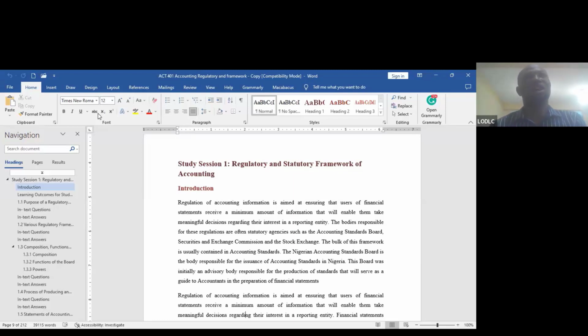Then users should be interested in profit or loss or other comprehensive income, so as to know whether they can go on and invest in that company. Because if a company is making a loss, there's no need for rational investors to continue to invest in such an organization. So that's another important content that the users must be furnished with.